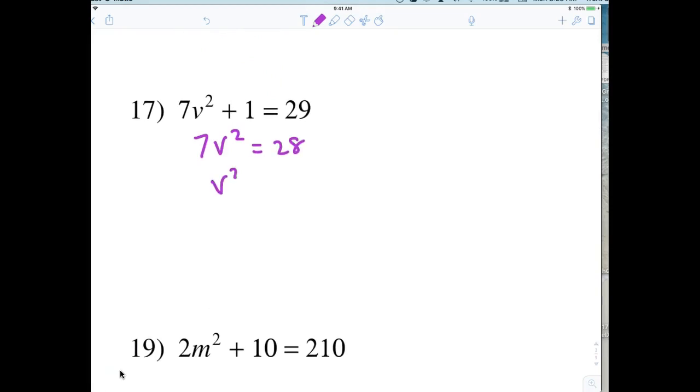So v squared is equal to, so v is equal to plus or minus 2. I'm agreeing with you, very simple. Why wouldn't you divide? Because to solve an equation, you work backwards. You eliminate addition and subtraction, then you eliminate multiplication and division. The opposite of PEMDAS.